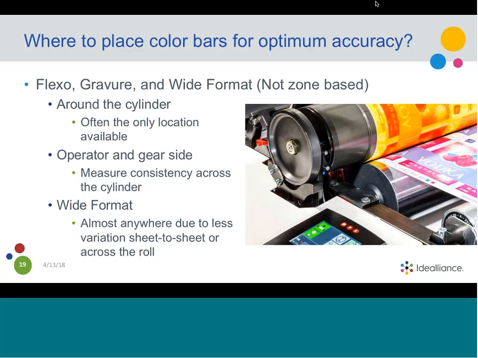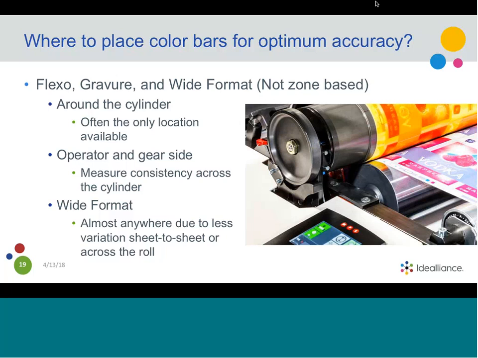On flexo and gravure presses, you have very even inking across the sheet and not much consideration for any ink takeoff. So you can put bars pretty much anywhere, but they usually wind up being on the operator and gear side in the outside edges of the web.